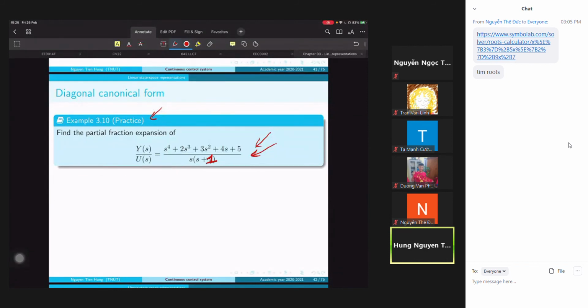Okay, this is the same solution, I think.